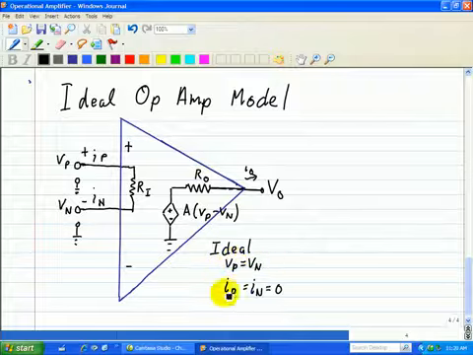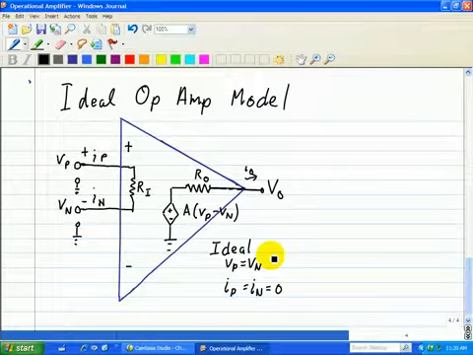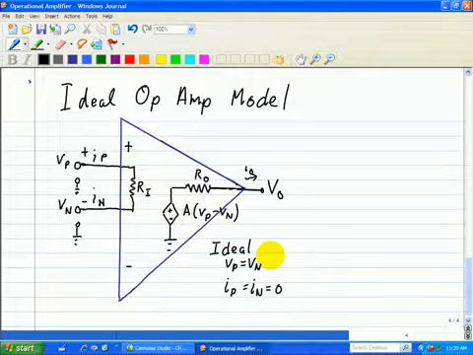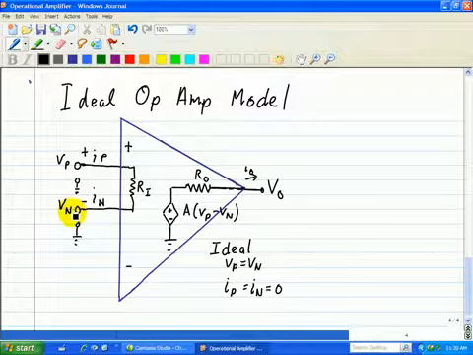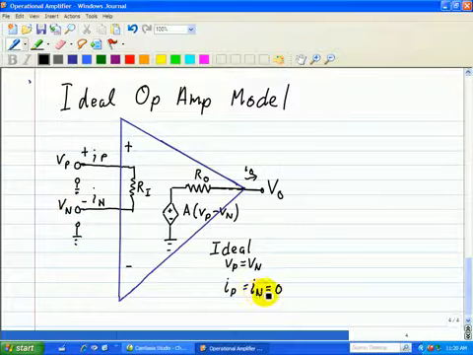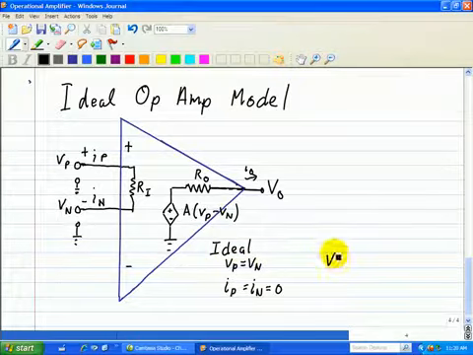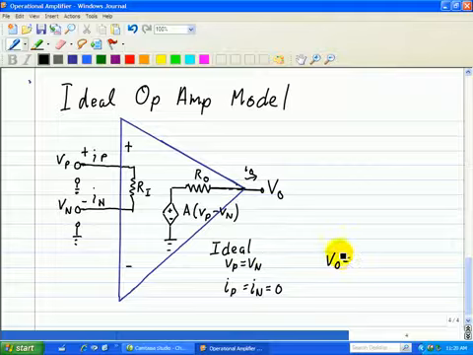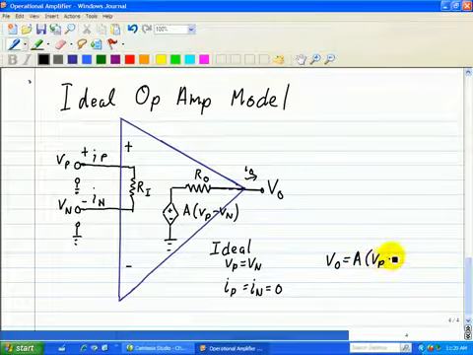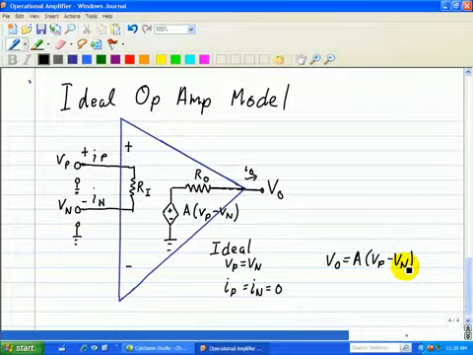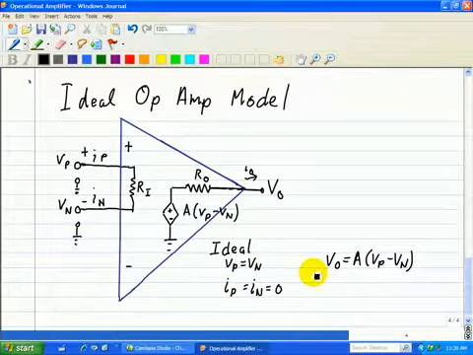Here I wrote down two ideal characteristics associated with an ideal op-amp when we analyze a circuit, and usually these are good approximations, such that Vp equals Vn and that Ip equals In equals 0. And we'll see why. First, let's look at Vp equals Vn. Since our output is VO and is a result of the amplification of Vp minus Vn, we have this relationship.